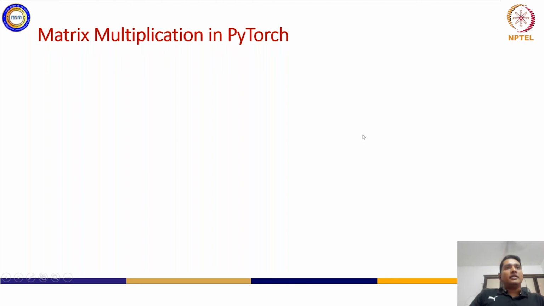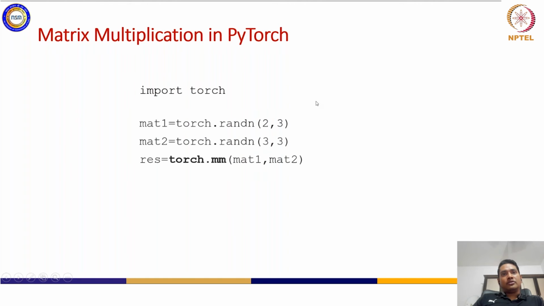Okay. Now I will talk about matrix multiplication in PyTorch, which is a very fundamental, basic, and very useful and widely used operation in AI applications. First we will just import the torch library. We are defining two matrices. mat1, the first matrix, has 2 by 3 elements with random values.